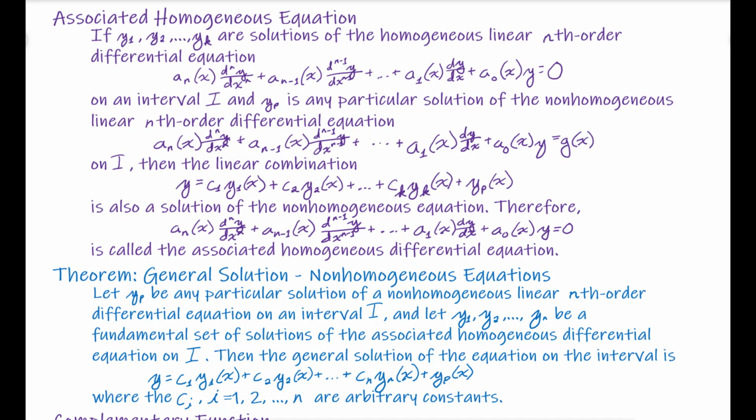Therefore, that original homogeneous equation that gave us our solutions y1 to yk is called the associated homogeneous differential equation.